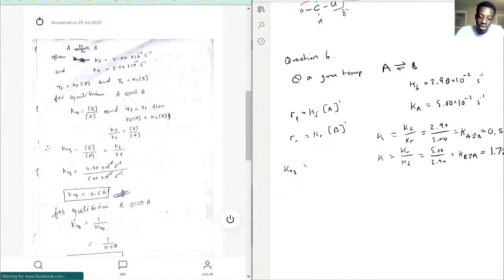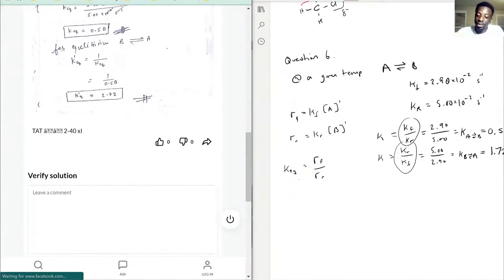Depending on what we're solving for, it's going to be the RF over R, and that's how we break it down to this one, and then we solve the equation. So that is what we do for that question.